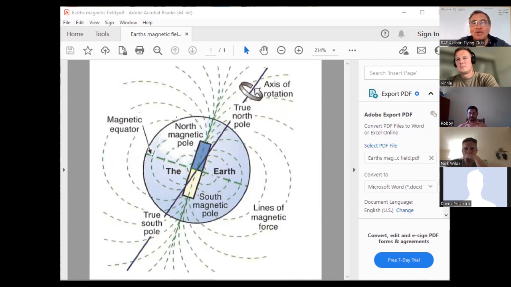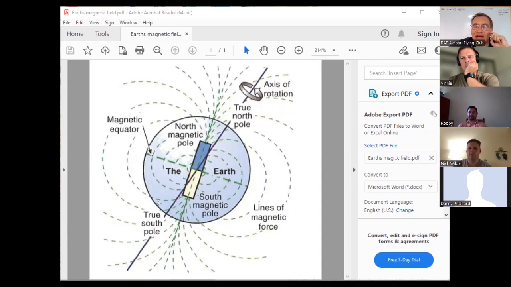So that means if we were on the Earth here, roughly where, say, the UK is, the lines of flux are not just going from north to south, they're also coming out the surface of the Earth. In other words, they're not coming directly from north, they're coming out at a bit of an angle, and they go all the way down here and go in at a bit of an angle.